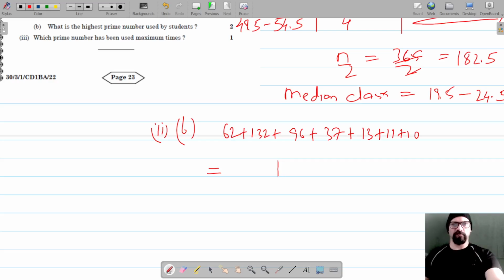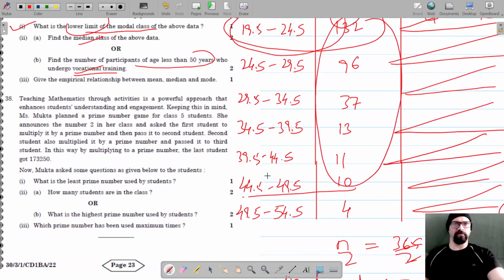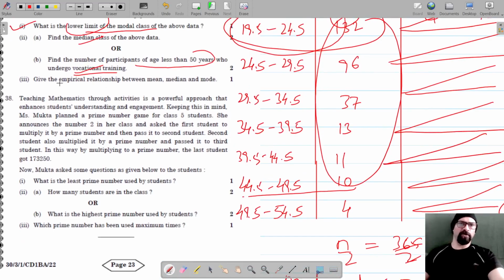So this is 21, 6 to 8, 3, 11, and 9 is 20, and 3, 23, 24, 25, and 26. So this is 26, and 2 plus 1 is 3, so 361 are the total candidates who are less than 50 years of age who are undergoing vocational training.